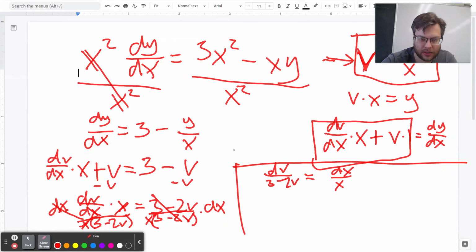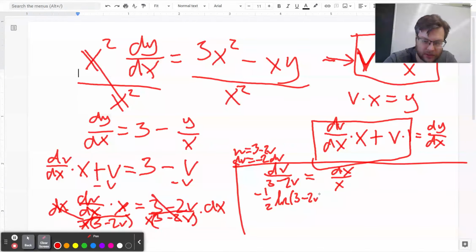If you want to do a quick u substitution, you can see if u equals 3 minus 2v, then du is negative 2 dv. So that's going to give me negative 1/2 natural log of 3 minus 2v. And over here, I just have natural log of x plus c.